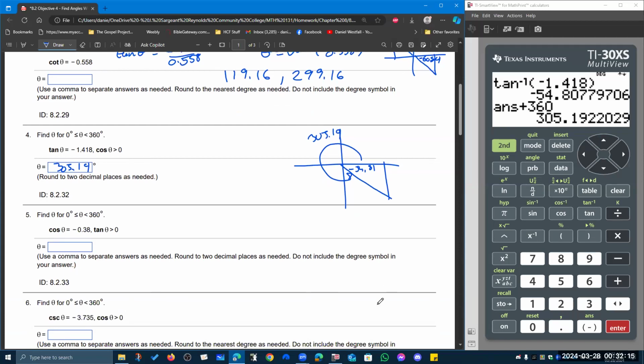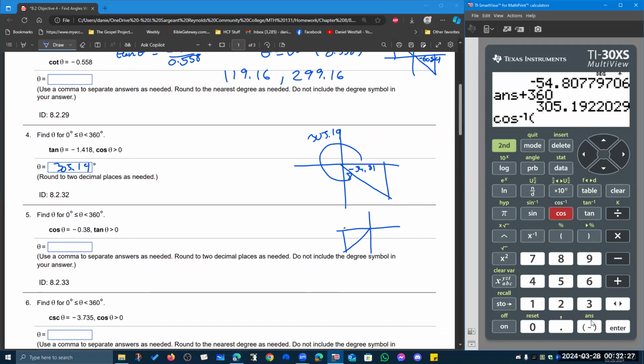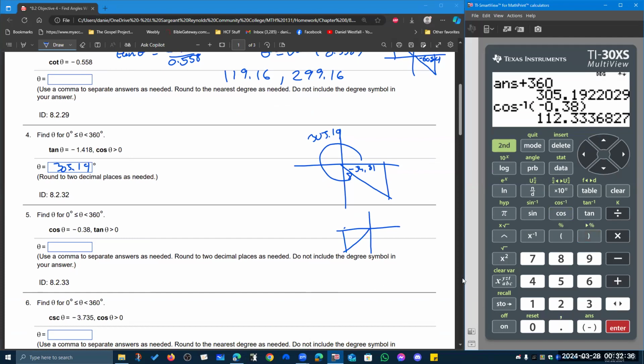All right, cosine is negative and tangent is positive, so I'm down here in quadrant 3. Arc cosine of negative 0.38 is going to tell me this angle in quadrant 2, but I want to be in quadrant 3.